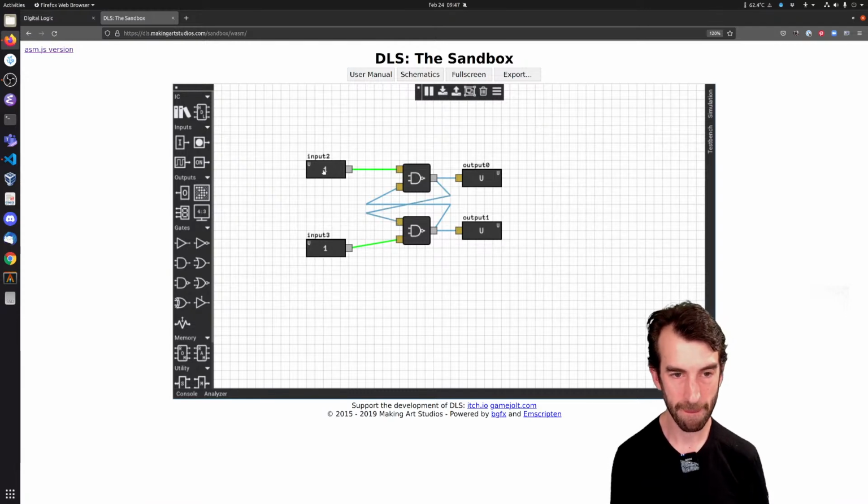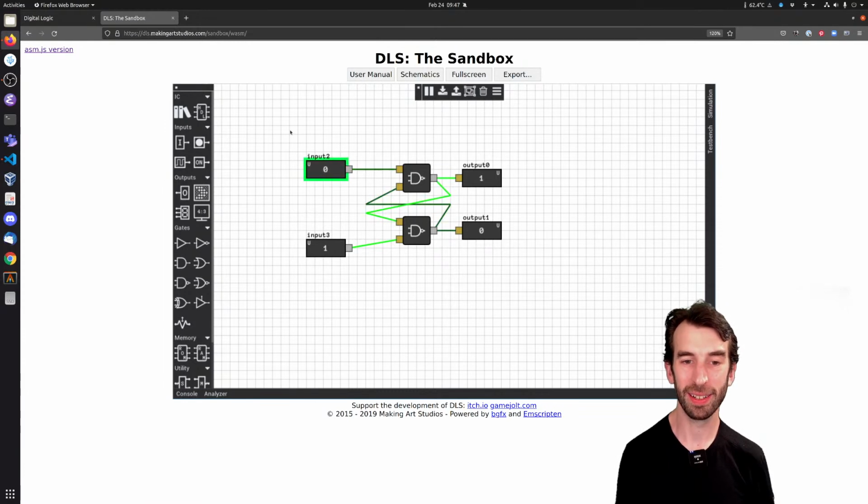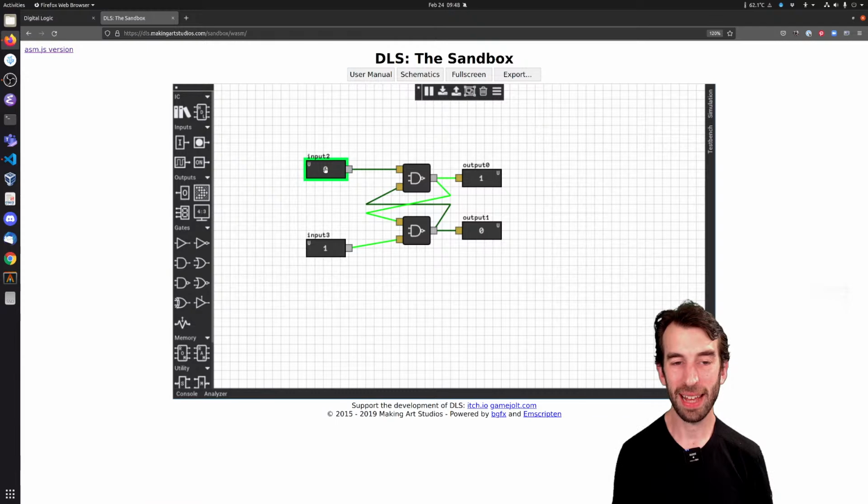Okay. So here's the trick. When this input at the top goes to 0, the output at the top goes to 1. And now no matter what I do with that input at the top, that one stays as 1.